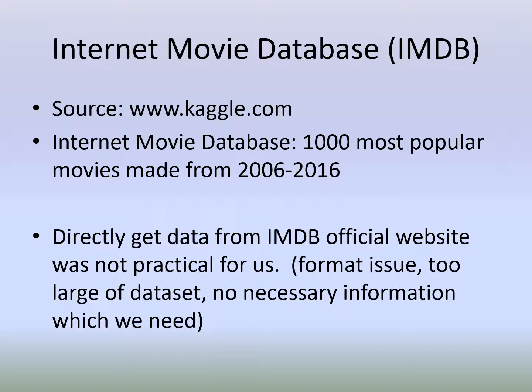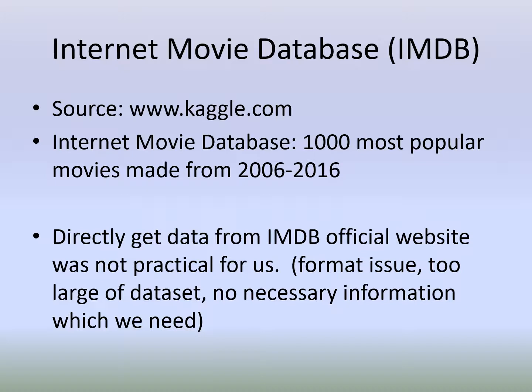However, if we do web scraping from the website, first of all, the format issues do not fit the needs of our study. Our primary goal is to do a social network study, but the IMDb database is designed for marketing analysis of the ratings and the revenues.